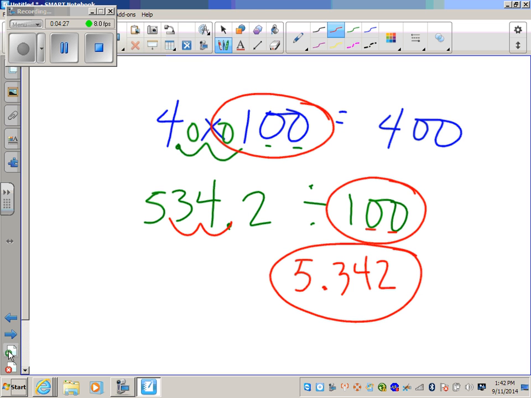Like here, what about this one? 6 times 1. Right. Now, do we move the decimal any places? No. Why? I don't have any what? They're just 1. Okay, like 1.0?